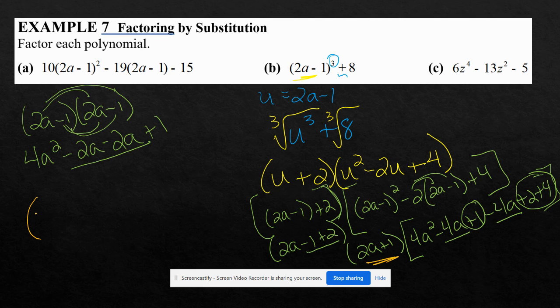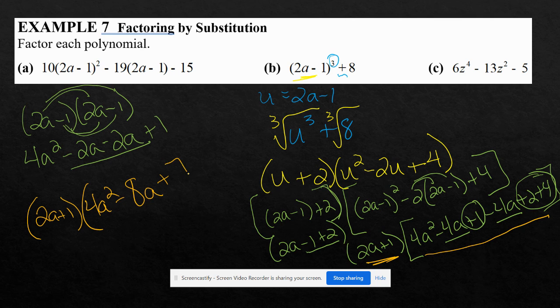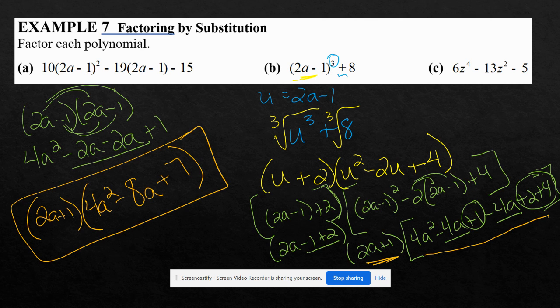We have 2a plus 1 there. And then over on this side, we have 4a squared. Negative 4a minus 4 more a's is negative 8a. 1 plus 2 is 3, plus 4 is 7. And that will be the answer.